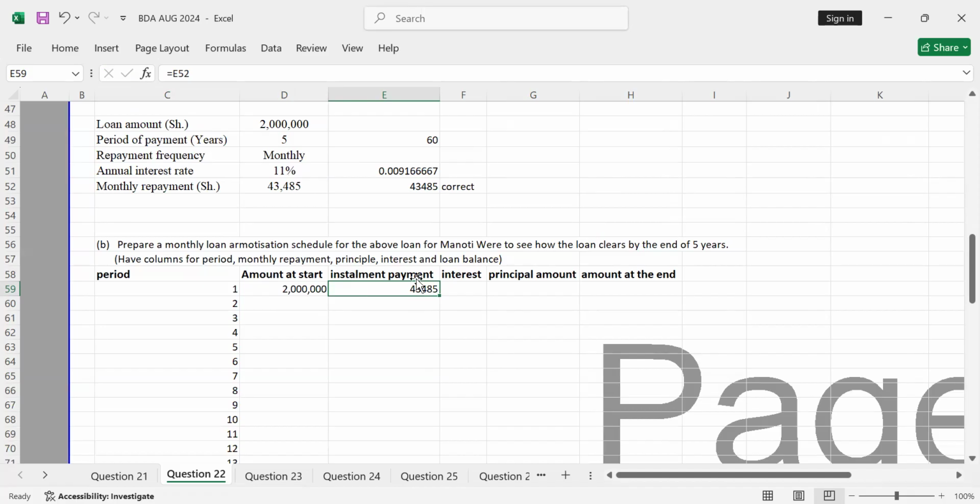To lock, you can place F4. If your F4 is not working, you can place Fn and F4. In that case, it will lock your installment payments.